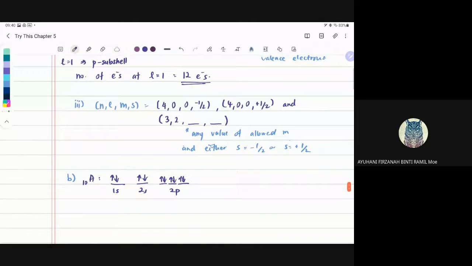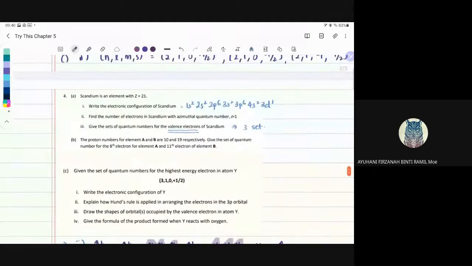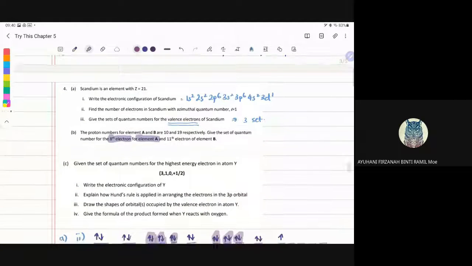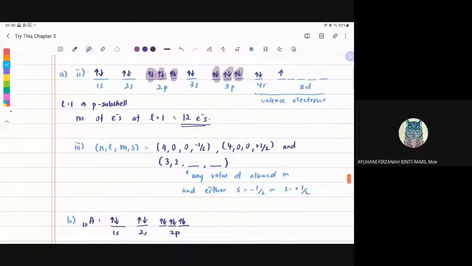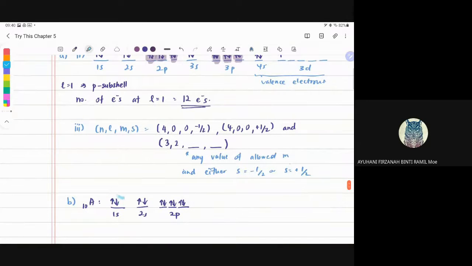Okay. So ini adalah ni. Untuk A. So dia tanya untuk A dia minta quantum number untuk elektron ke-8. Elektron ke-8 untuk A. Jadi kita tengok dekat sini, elektron ke-8 adalah ini elektron pertama, kedua, ketiga, keempat, ke-5, ke-6, ke-7, ke-8. So this is the 8th electron.